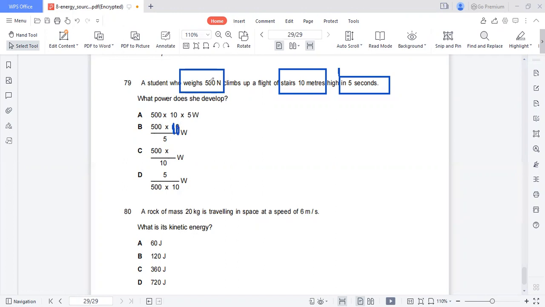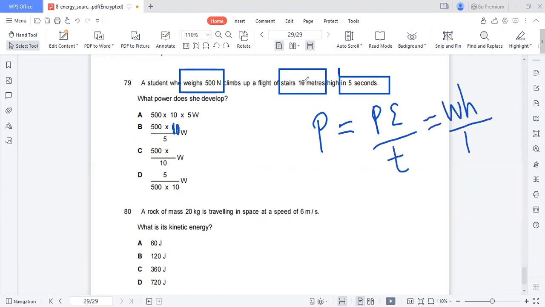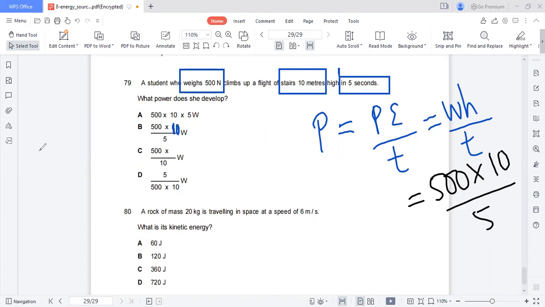Again, potential energy power formula. Weight is 500, height is 10, and time taken is 5. So now you can see the B option is similar.